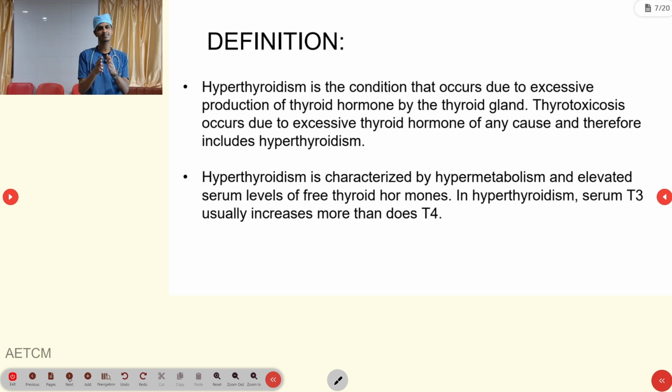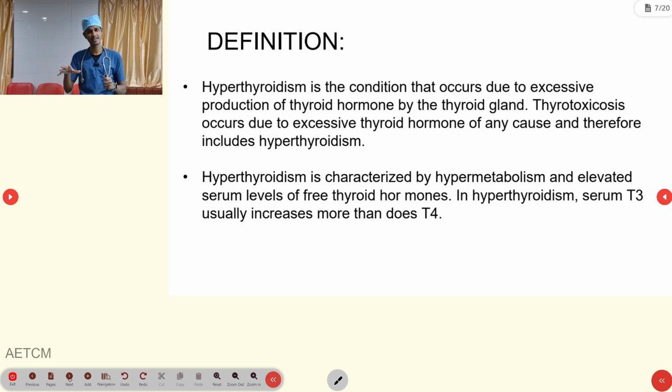Before that, what is meant by hyperthyroidism? Hyperthyroidism means there is an excessive secretion or circulation of thyroid hormone. Again, we know the function of the thyroid gland. It regulates your metabolism, aids in growth and development, and regulates the heart rate and respiratory rate. It also has action in thermoregulation and in calcium metabolism.